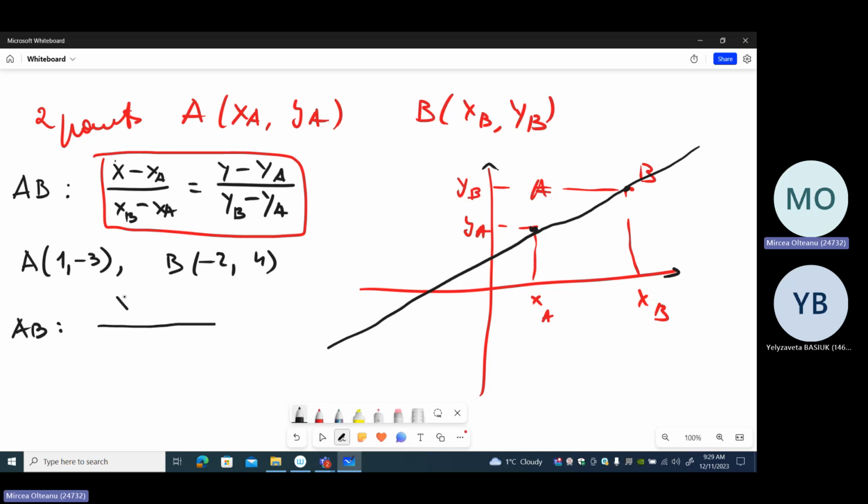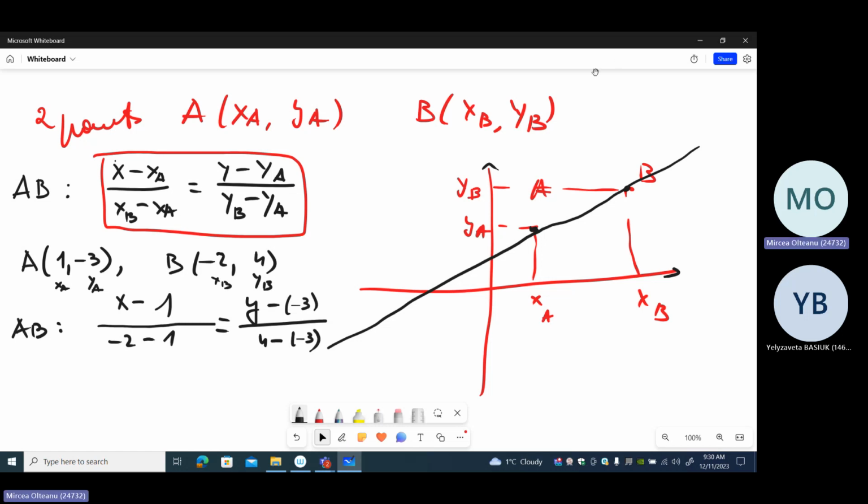So x minus xa. This is xa, this is ya, this is xb, this is yb. So x minus 1 over xb, which is minus 2, minus 1 equals y minus ya, which is minus 3, and below we have yb, which is 4, minus 3.